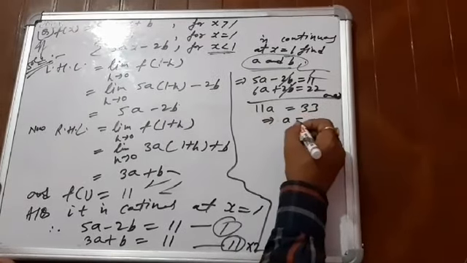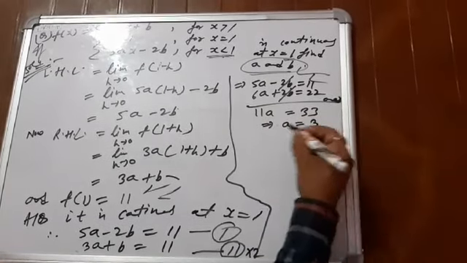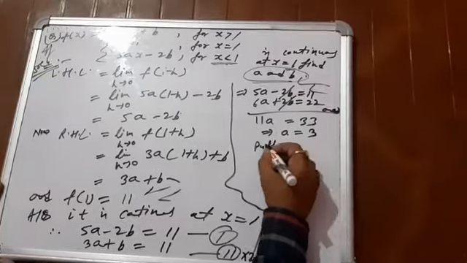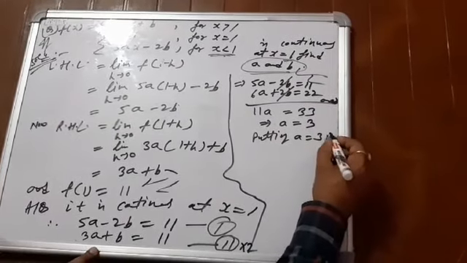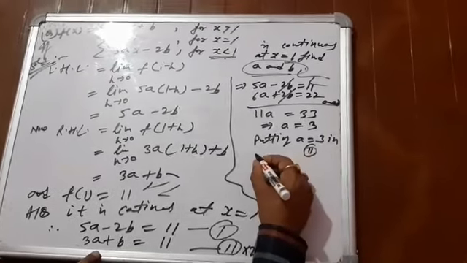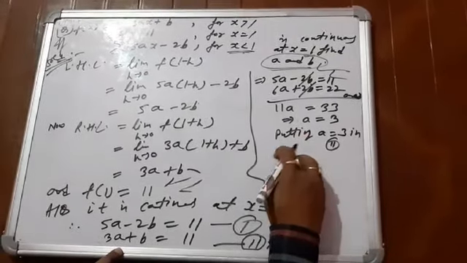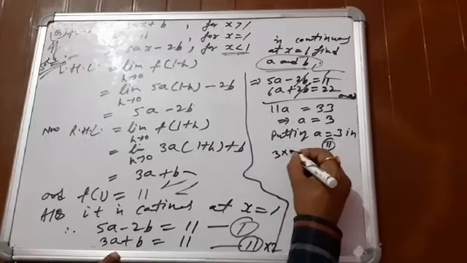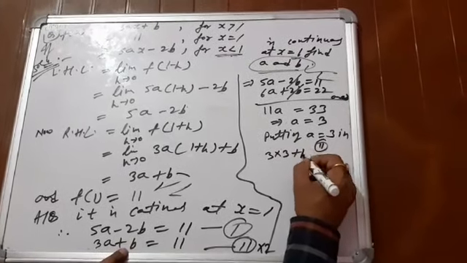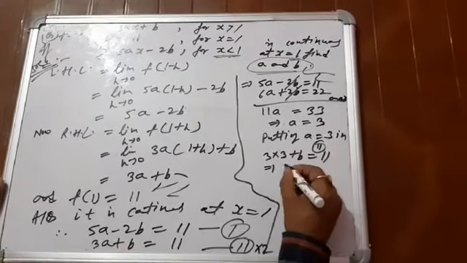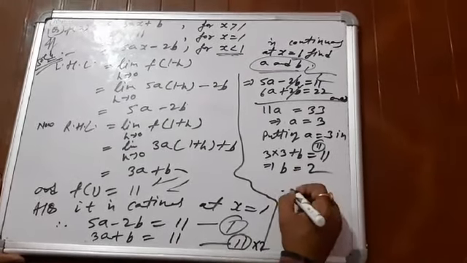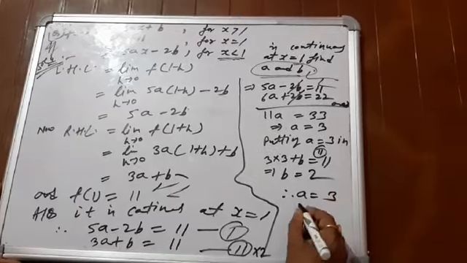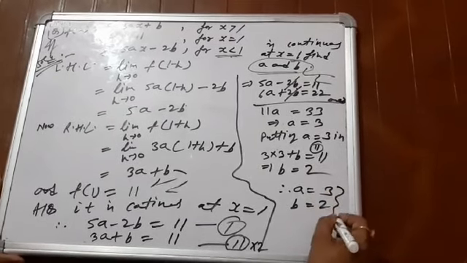This implies the value of a is 3. Now putting a equal to 3 in the second equation, 3 into 3 plus b equals 11. So the value of b is 11 - 9, which is 2. So the value of a is 3, the value of b is 2.